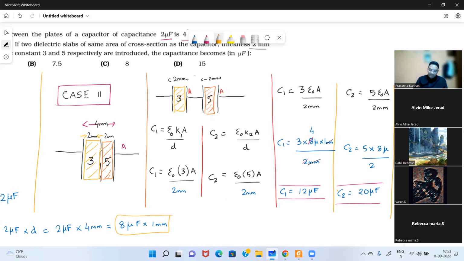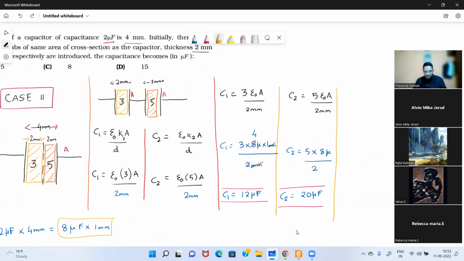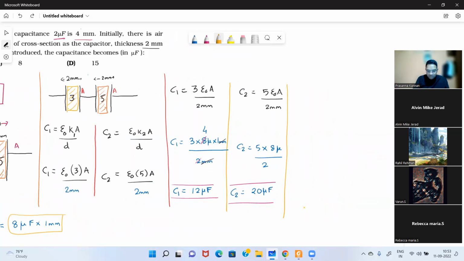Now, how are these two capacitors connected? Series, absolutely. So our sum boils down to finding the capacitance when two capacitors are connected in series. What is one capacitor's capacitance? 12. Another one? 20.